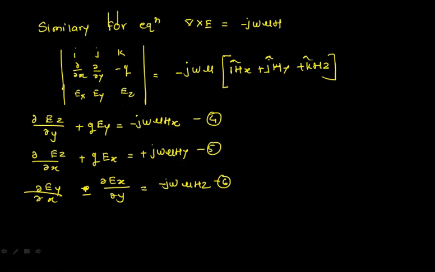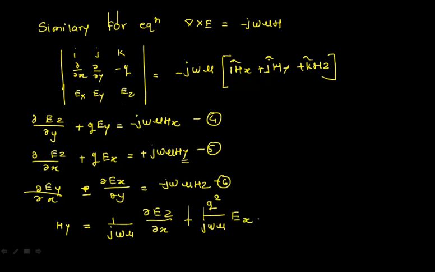So if I see equation number 5, I have a Hy component. I'll just try to figure out what will be the Hy here. So Hy is equal to, I'll just put all that term, that is jωμ here. So 1 upon jωμ ∂Ez/∂x plus γ upon jωμ, and again I have here some of the gamma term, so it will become a gamma square, and this is Ex. ठीक है.